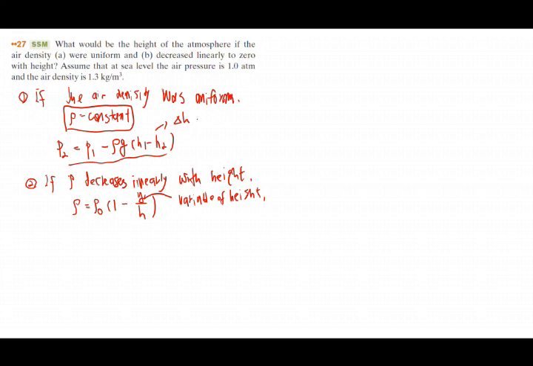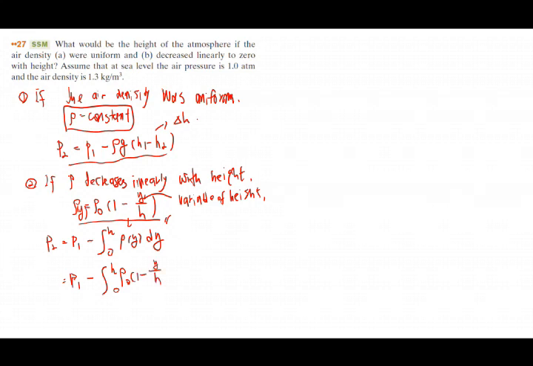If you plug that into the standard formula of the Bernoulli equation, only with the potential energy term, then that should be P2 equals P1 minus the integral from 0 to h of rho(y) g dy. You plug in rho(y), so that should be P1 minus the integral from 0 to h of rho naught times 1 minus y over h dy.